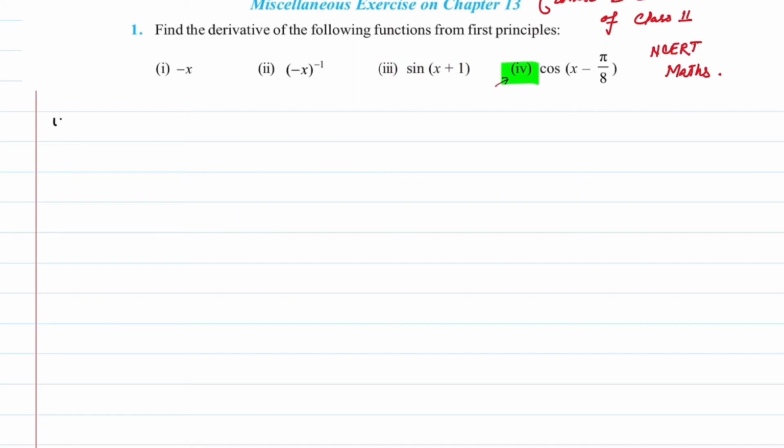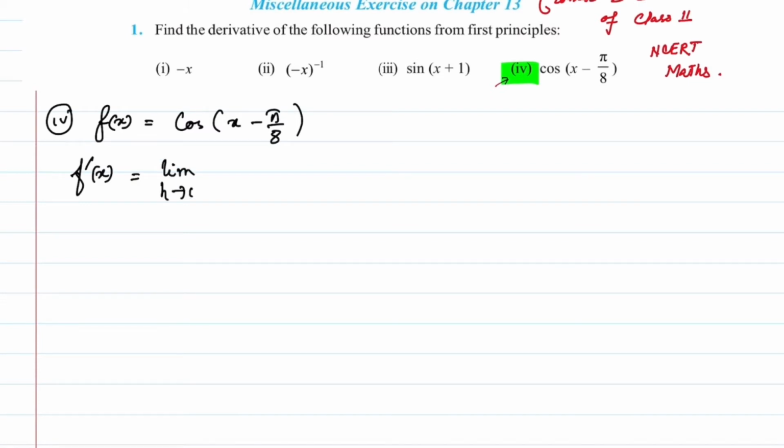So now number 4, the given function is f of x is equal to cos of x minus pi by 8. So according to the first principle, f dash x, that means the derivative of this function, is limit h tends to 0, f of x plus h minus f of x by h.